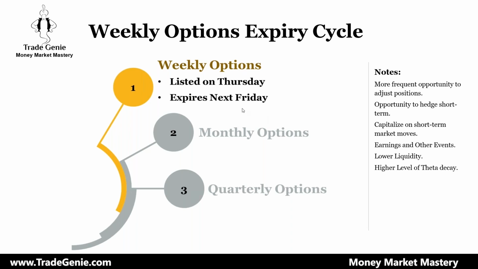Weekly options are meant for quick gains. You need a quick move in your favor. You're trying to capitalize on short-term market moves. Just to keep the math simple, if you buy an option for 70 cents and every day the option is losing an equal amount, 10 cents expiring every day, tomorrow it will be 60 cents, then 50 cents, then 40, 30, 20, 10, 0.